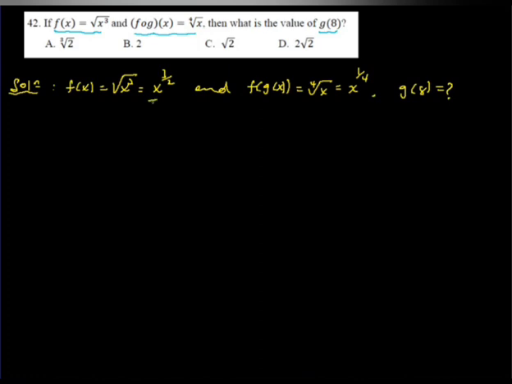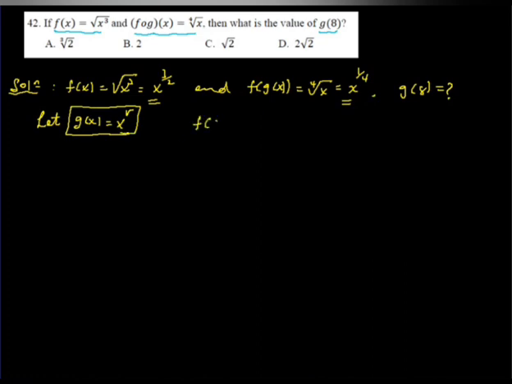So f is a power function. The composition of f with g is a power function. Therefore, the unknown function g is also a power function. So let g of x be a certain power function, say x to the power of r. If this is our g of x, now we use the given information.